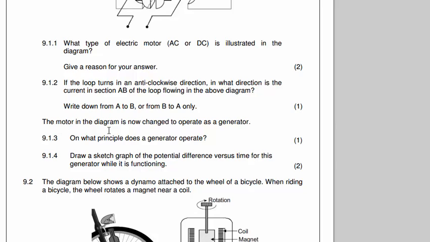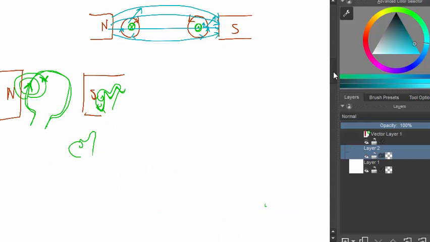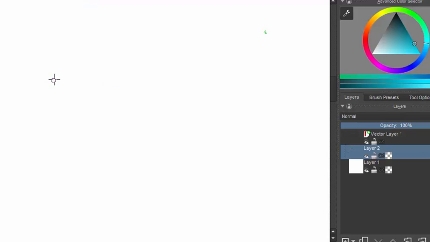The next question: the motor in the diagram is changed to operate as a generator. So let me just give you quickly the principles. I'll try and keep it quick. The principle of a generator works in a similar way, but this time I'm going to start with my north and south. And this time the turning is caused by me.